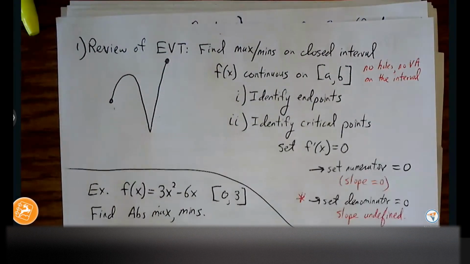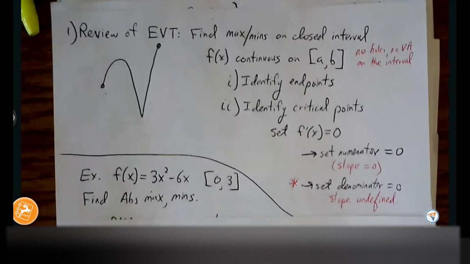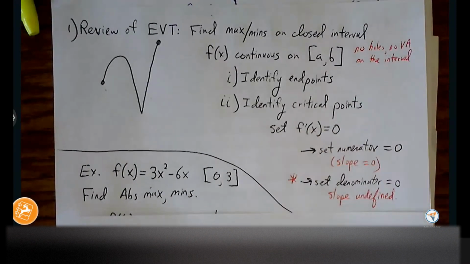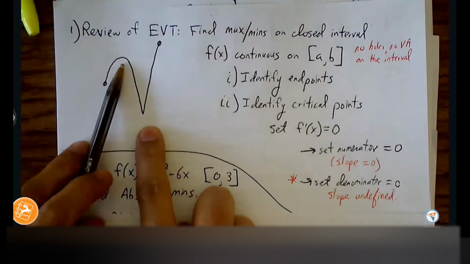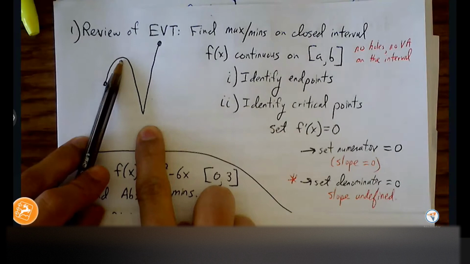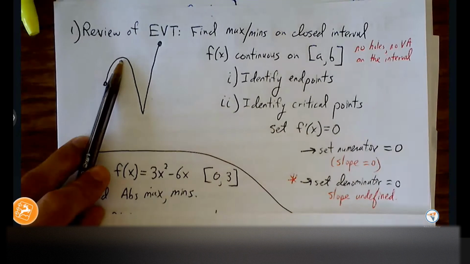The way we find critical points is we find the derivative first, and then we set the numerator of the derivative equal to 0 and the denominator of the derivative equal to 0 and look for those locations. So numerator of f prime equal to 0 is going to tell you locations where you have a smooth transition, right? The slope is 0, either a peak or valley, max or min.